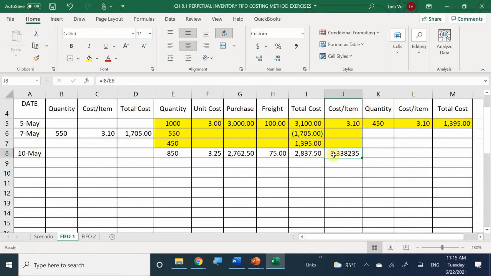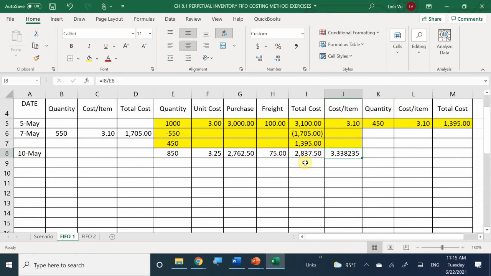Let's see, 2,837.50 times the quantity of 850. I still keep getting 241.50. We're not multiplying. So we're dividing the 2,837.50 into the 850. Correct. Because we're calculating how much it's going to cost me per item. I keep multiplying. 3.33, 3.34. Is that what you got? That's exactly what I got.